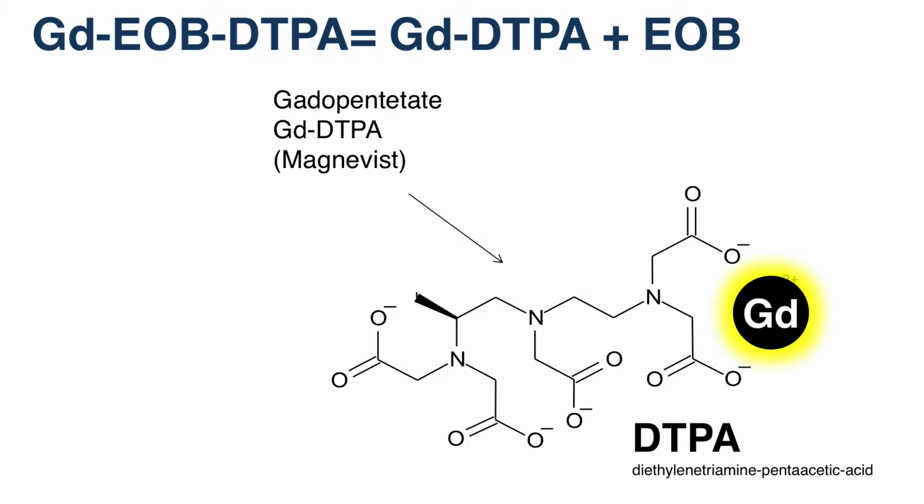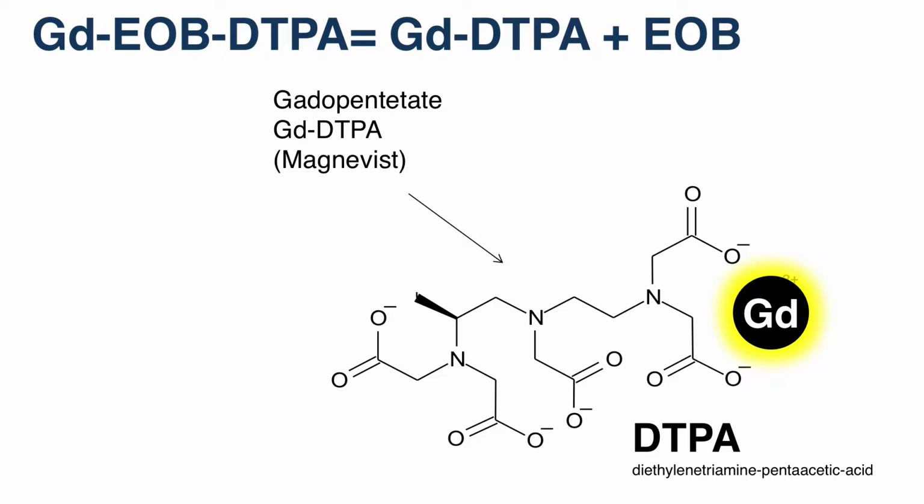So how do you make Gadoxetate? Well, if you start with this molecule, which is DTPA, chelated to gadolinium, you have gadopentetate, also known as Magnevist, and that's the one that got officially approved by the FDA in 1988.